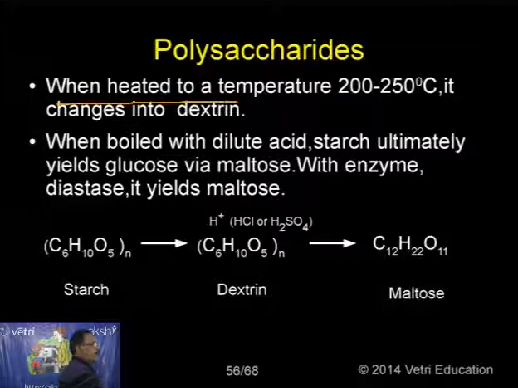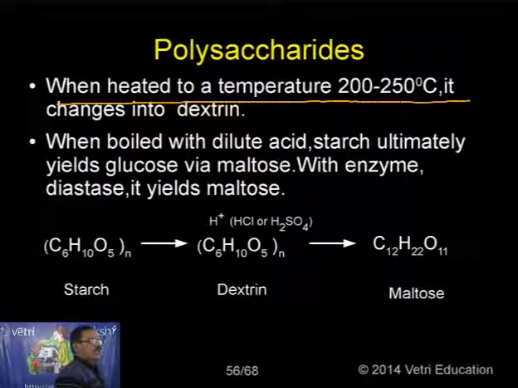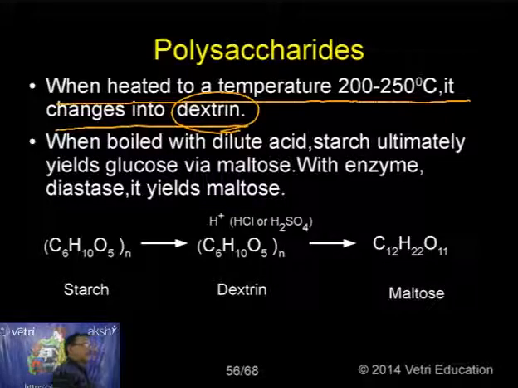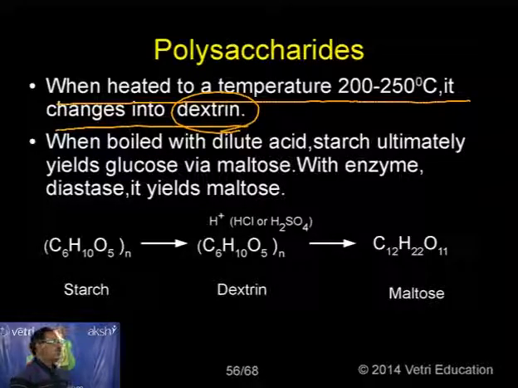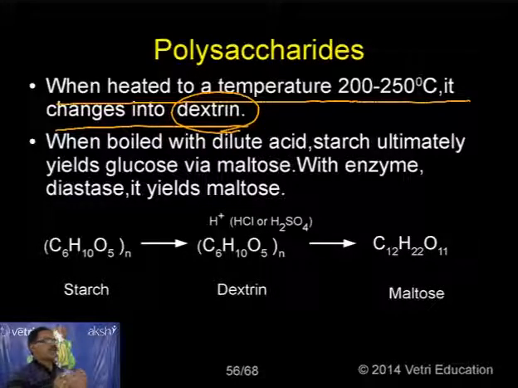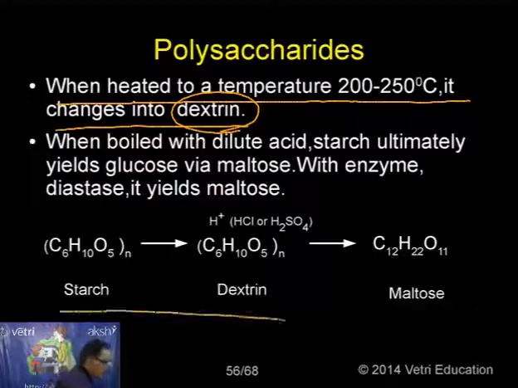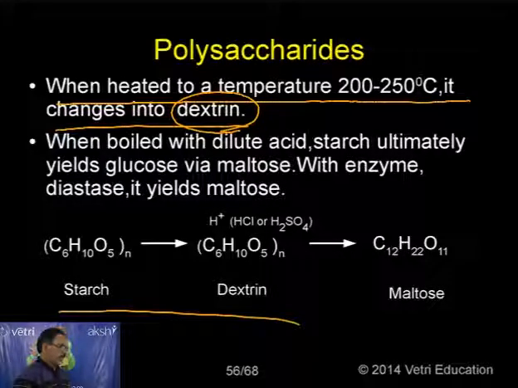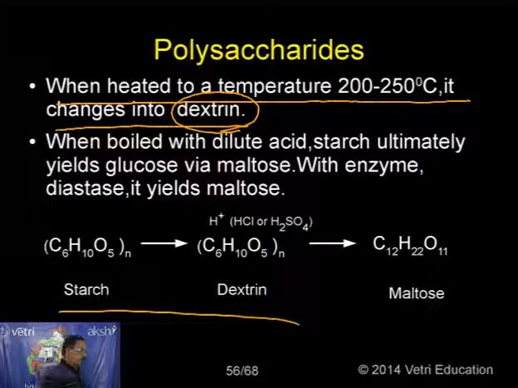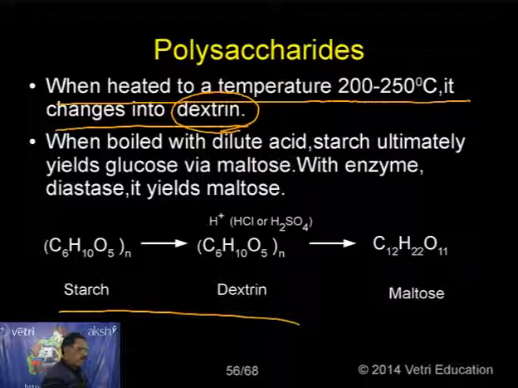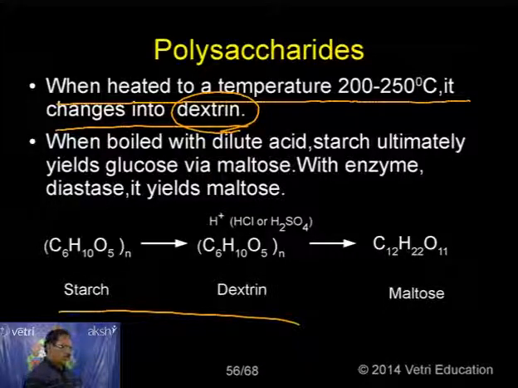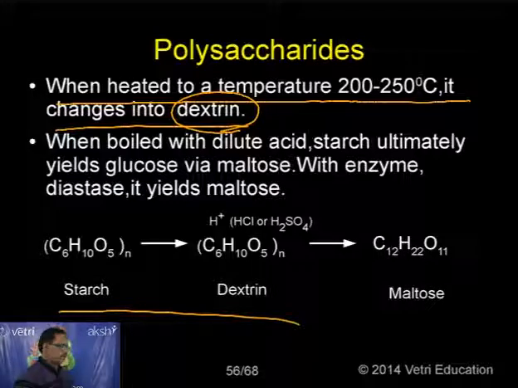When heated to a temperature of 200 to 250 degrees centigrade, starch changes into dextrin. You can see the stoichiometry here: (C6H10O5)n starch, again giving (C6H10O5)n, but the structure is different.